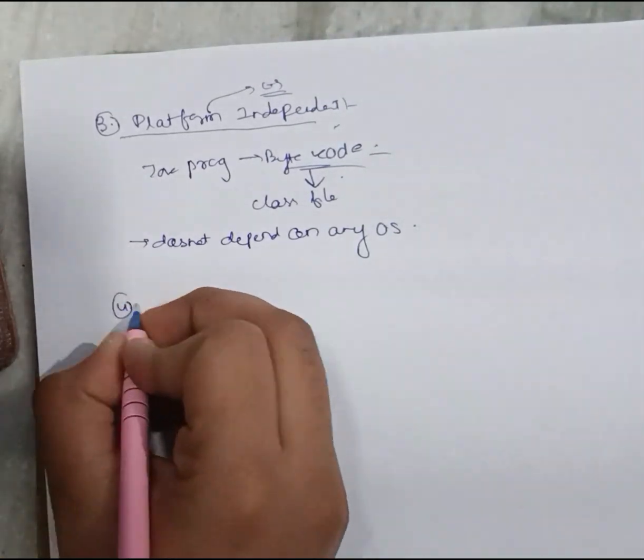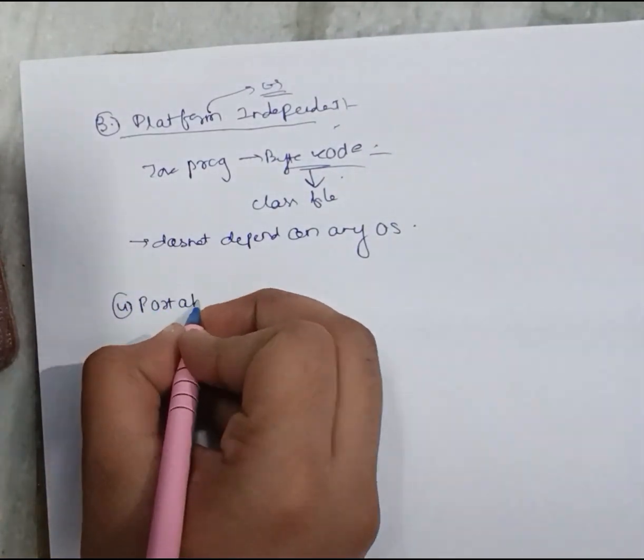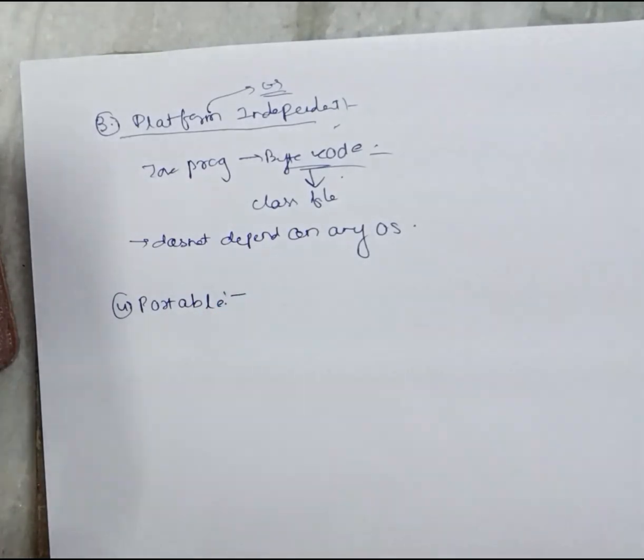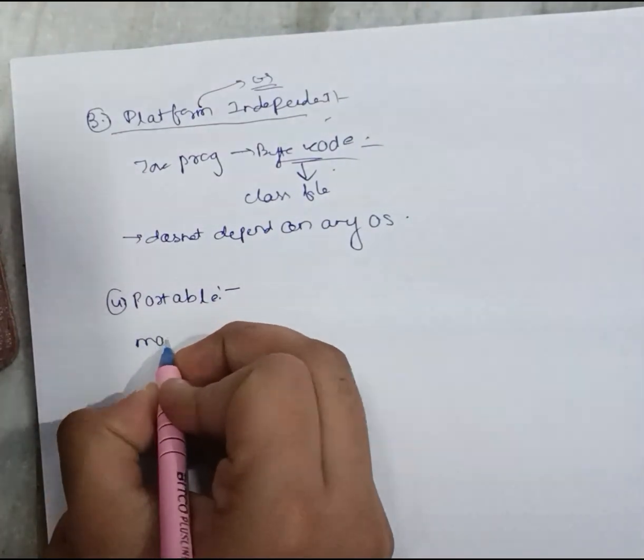The fourth is portable. So why is Java called a portable language? Portable means we can move the Java program from one hardware to another hardware.